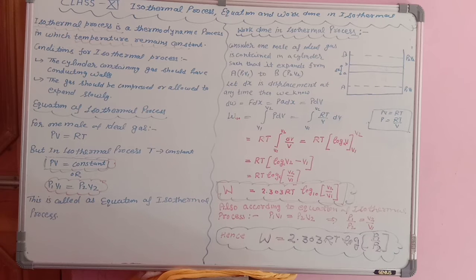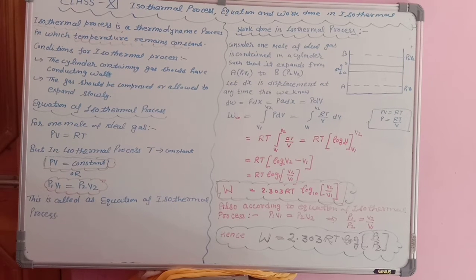Conducting means there should be exchange of heat. If there is exchange of heat, only then the temperature will remain constant. Second, the gas should be compressed or allowed to expand slowly, meaning we don't have to do this rapidly. Slowly we need to compress or allow it to expand. So students, this is called the isothermal process, and these are the two conditions under which it takes place.